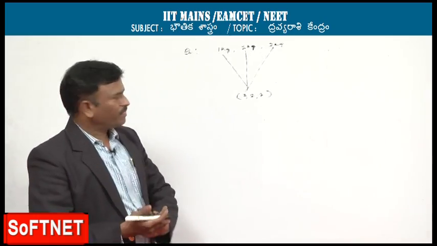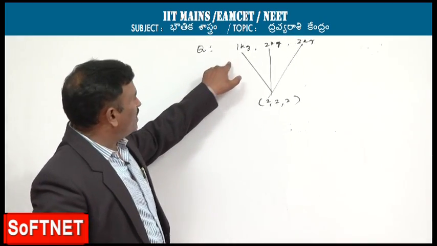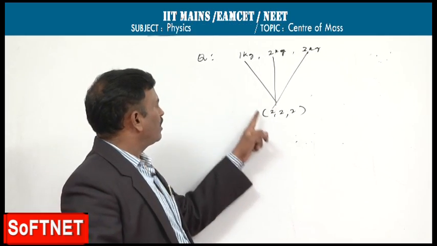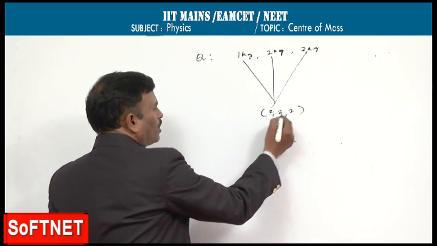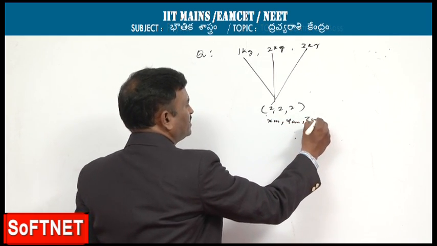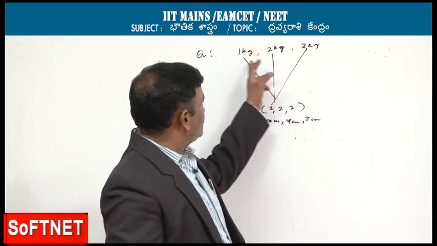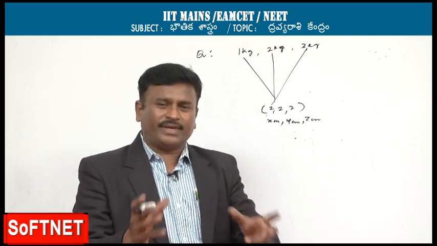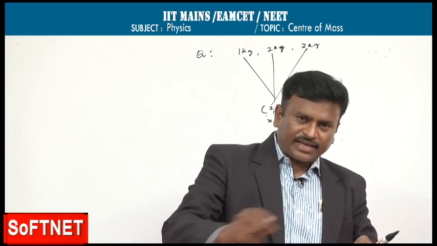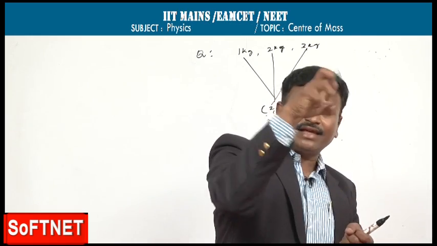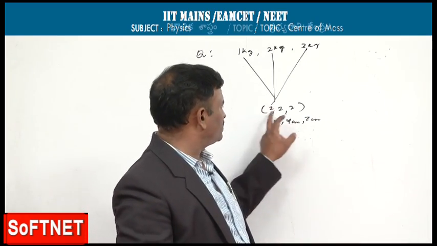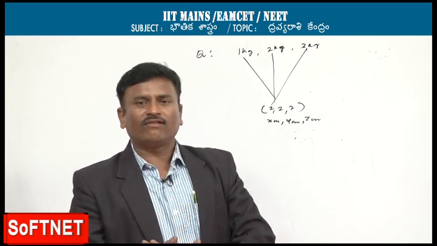Again I am repeating: 1 kg, 2 kg, 3 kg, and their center of mass XCM, YCM and ZCM is 2, 2, 2. These three masses are located in space, with reference to the x-axis, y-axis and z-axis, at XCM, YCM, ZCM equal to 2, 2, 2.